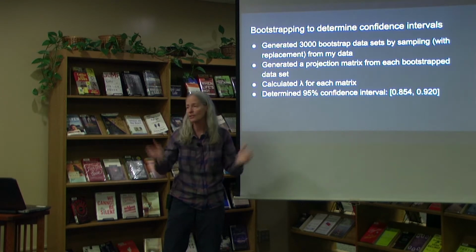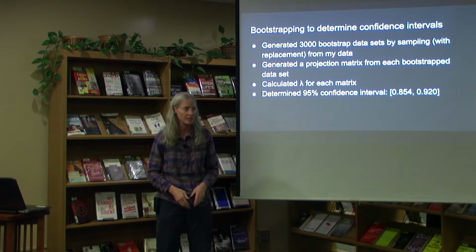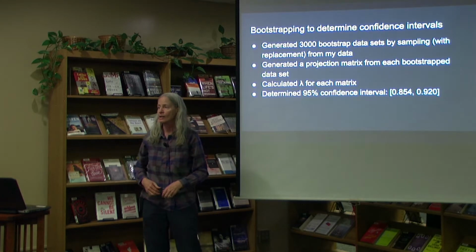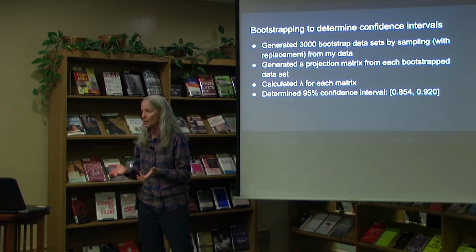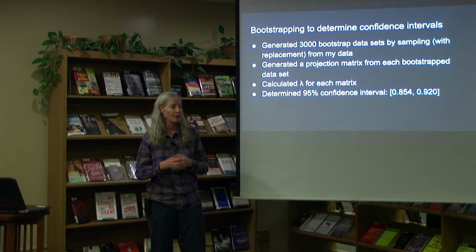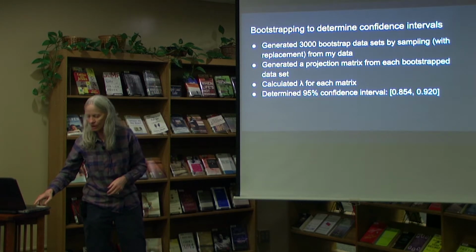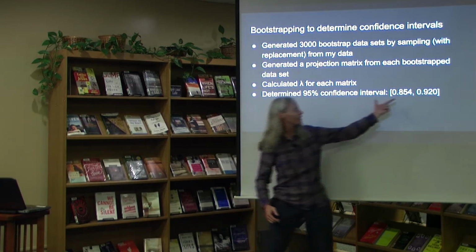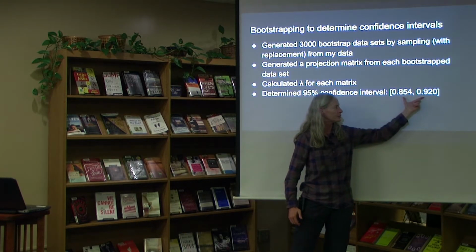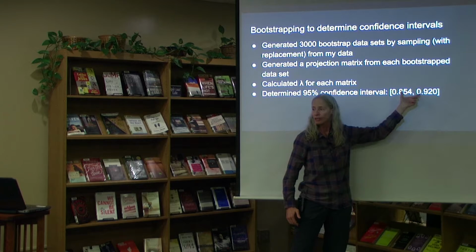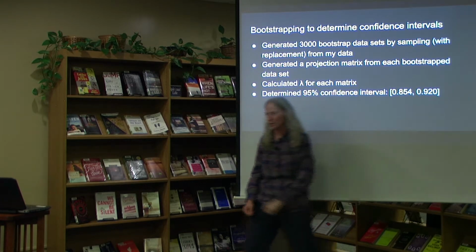And then I do that 3,000 times. So I've got 3,000 matrices, and I calculate 3,000 population growth rates, and I figure out the 95th percentile of that, what my confidence interval is. And it turns out that the confidence interval did not overlap with 1. So it's kind of bad news for echinacea populations.